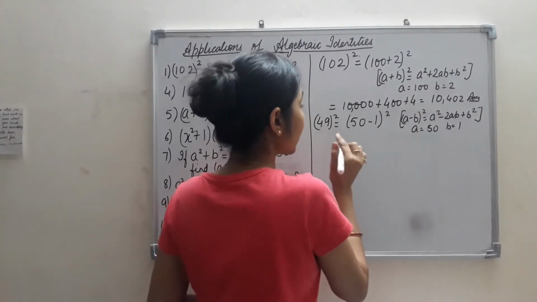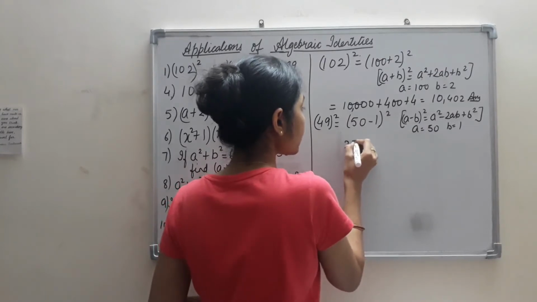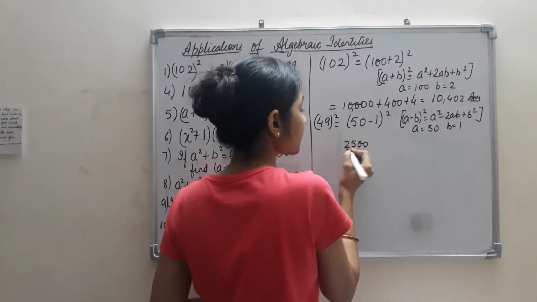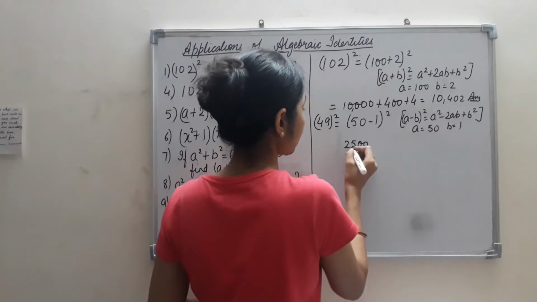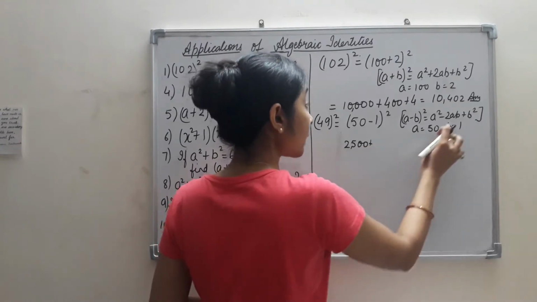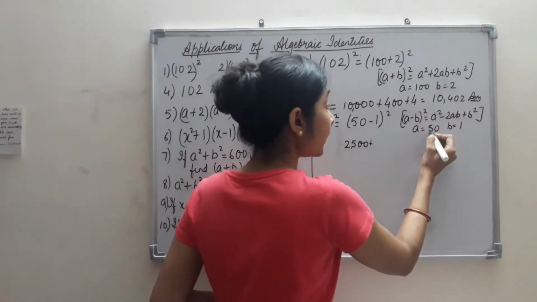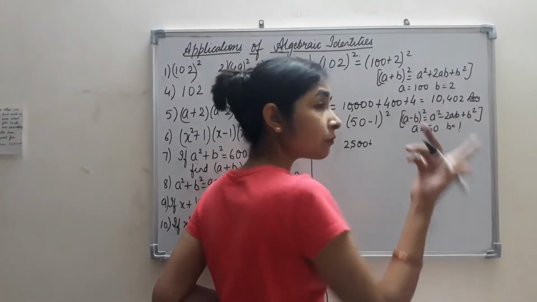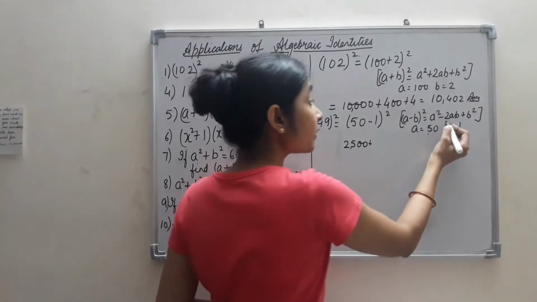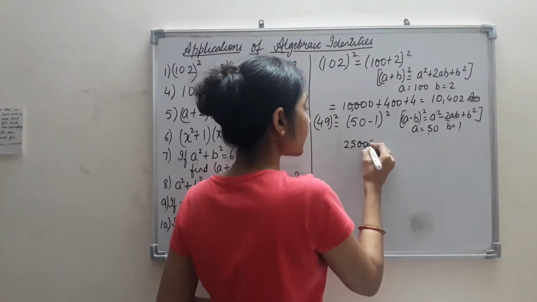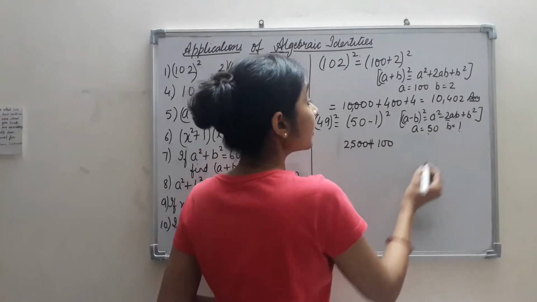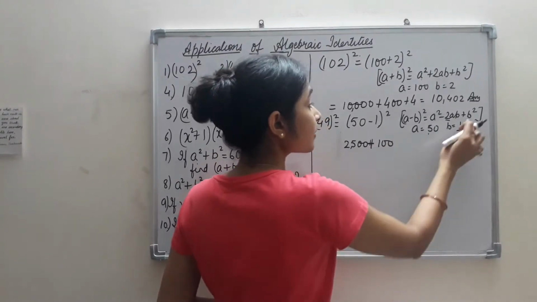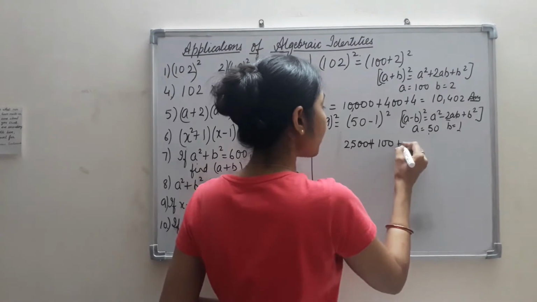So a square, that means 50 square, is equal to 2500, since 5 fives are 25 and two zeros. Plus 2ab. a into b, 50 into 1 is 50, and multiplied by 2 gives 100, so plus 100. Now in place of b we have 1, so b square, 1 square, is 1 itself.